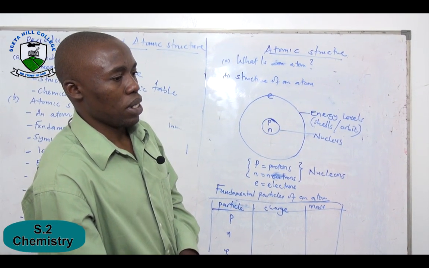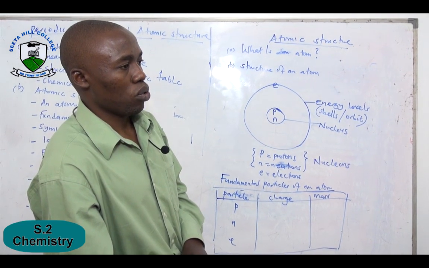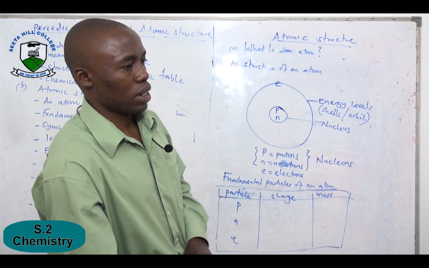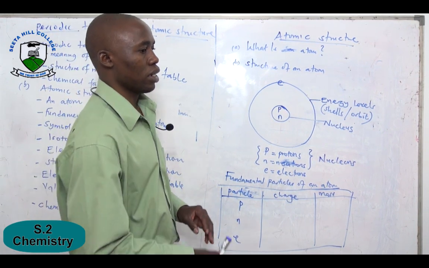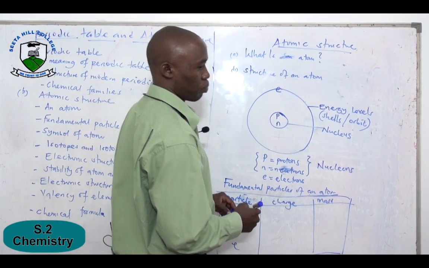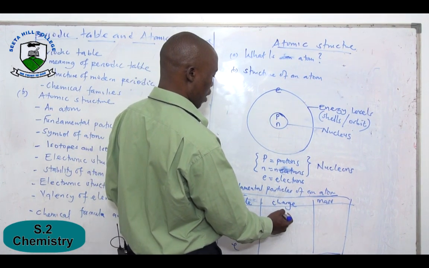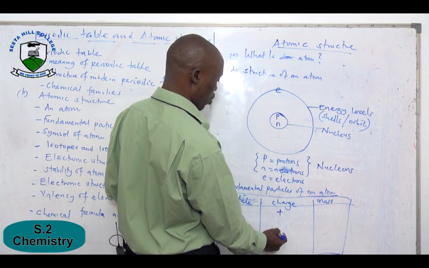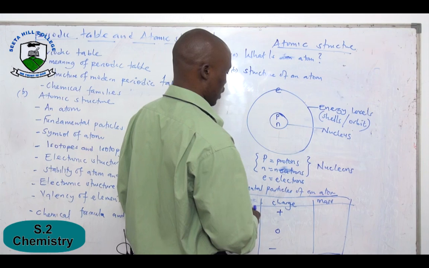That means you type in the charge on the proton. It will show you the charge on a proton. See? That means protons are positively charged, neutrons have no charge, and electrons are negatively charged.